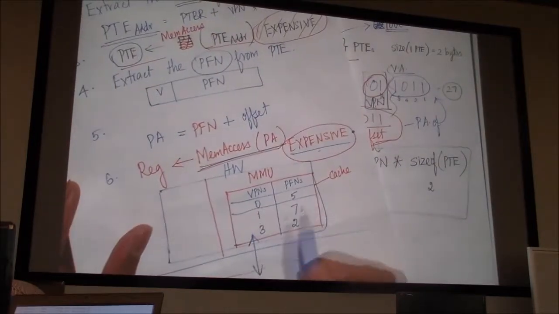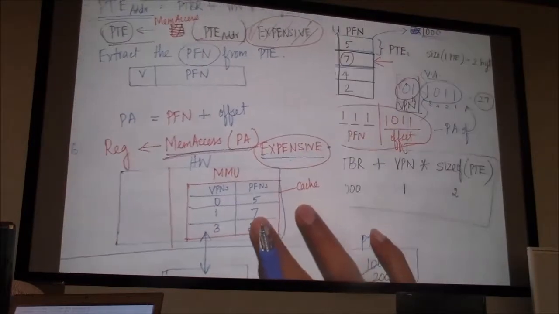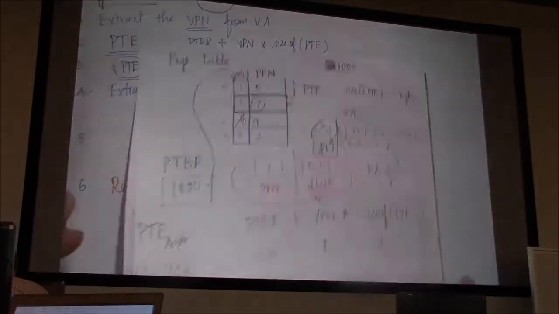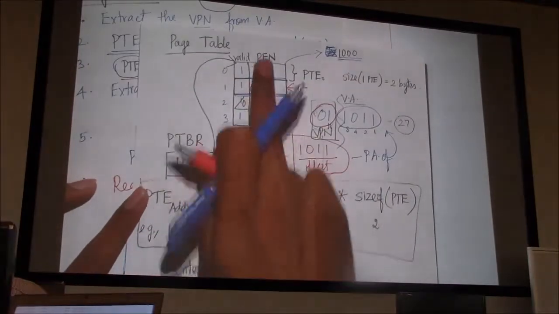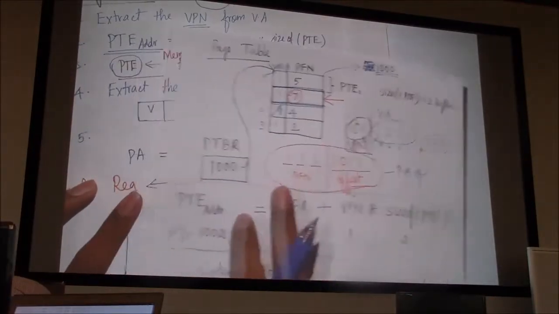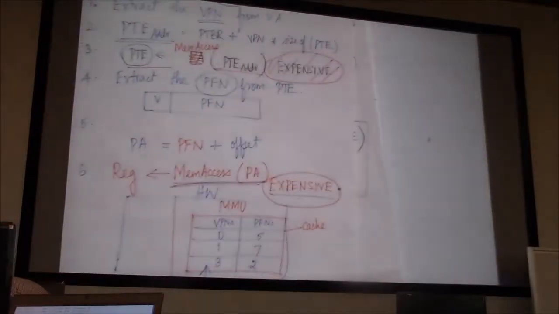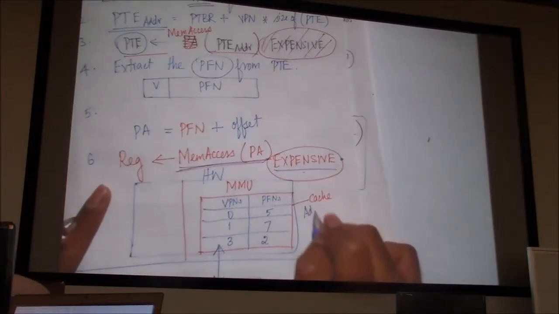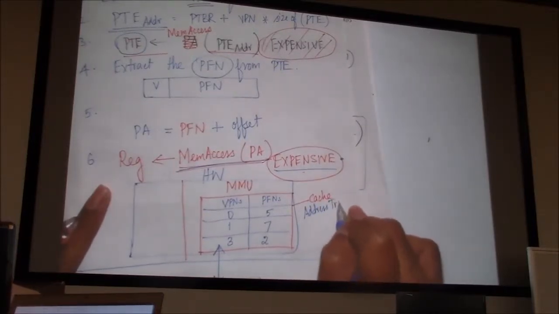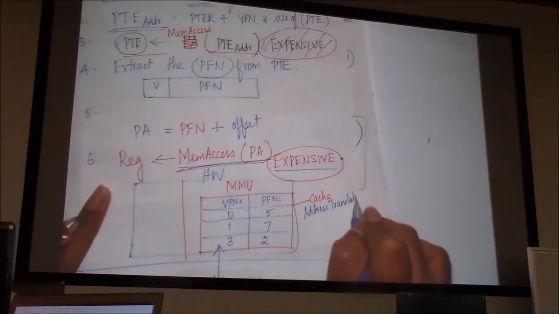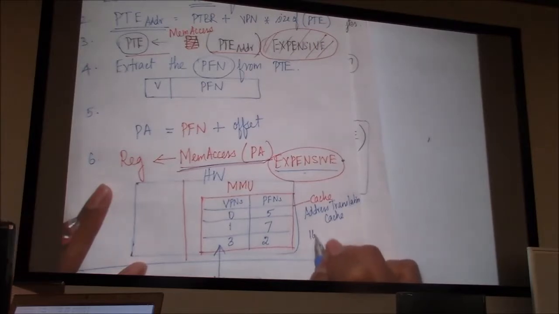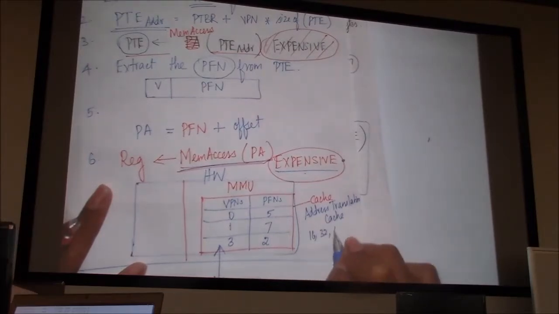The page table that we had initially may have n number of entries, but this cache would be of limited size. This address translation cache can only have limited entries, like 16, 32, 64, or maybe a maximum of 512 entries.